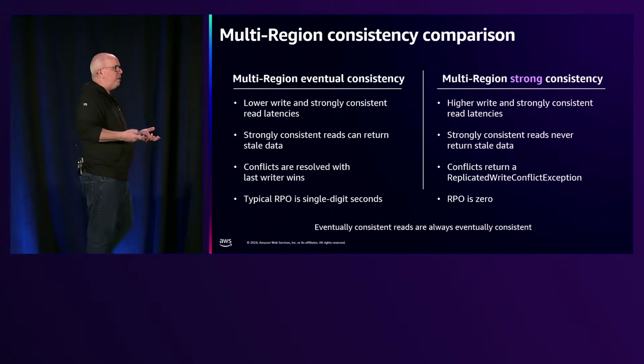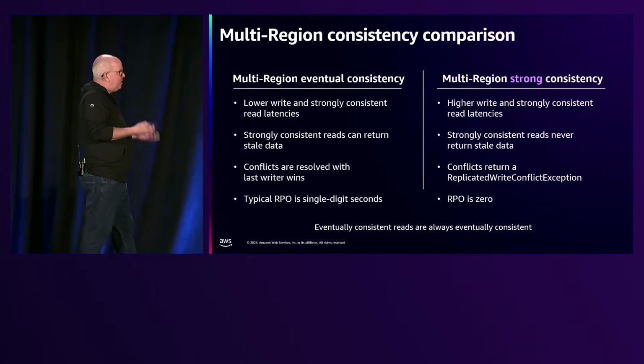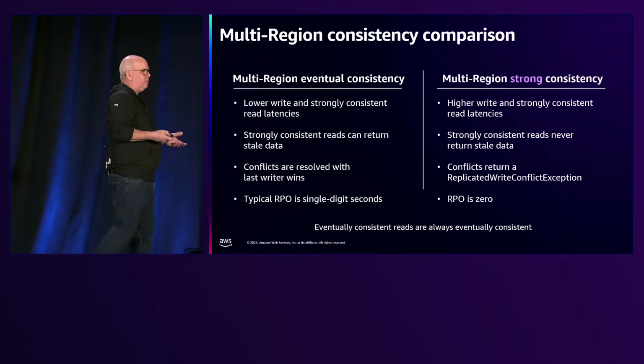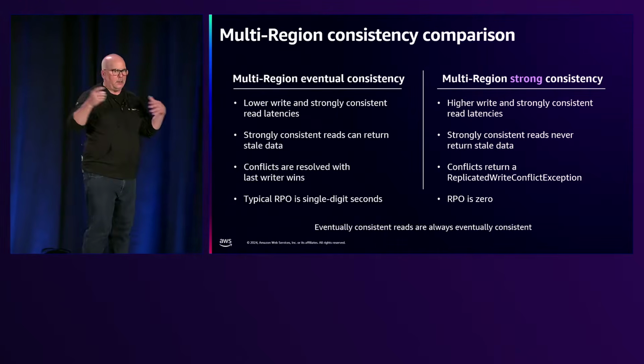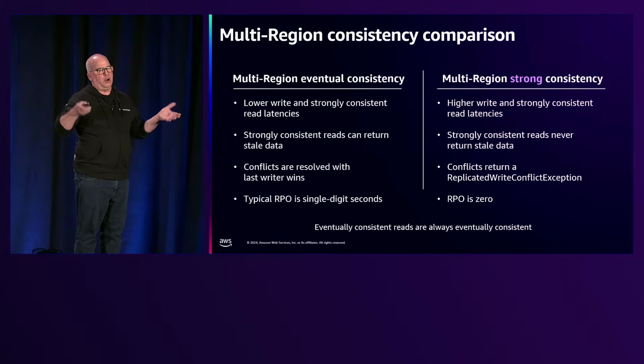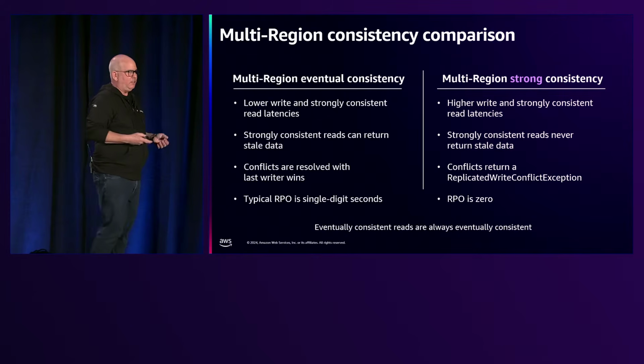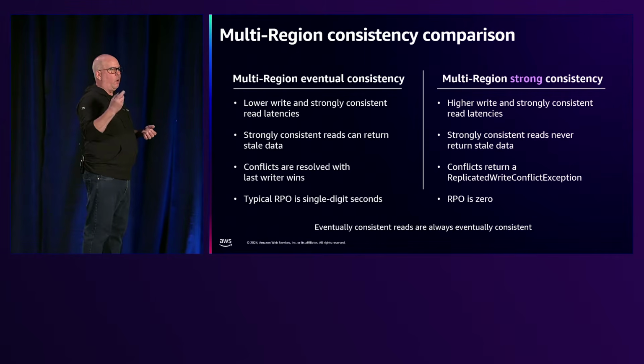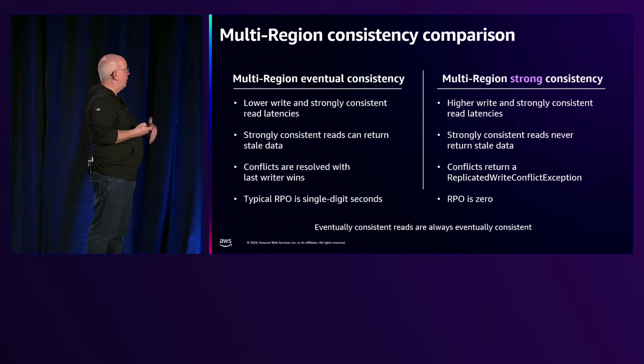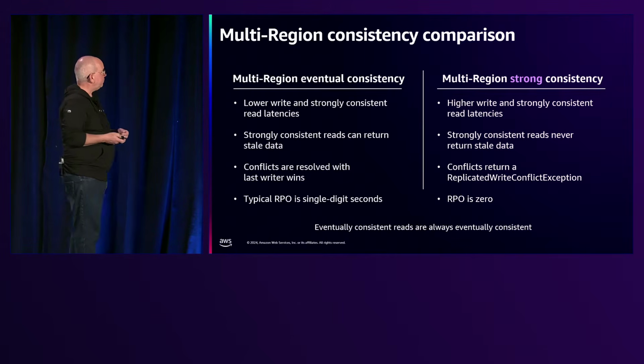And so what that's going to mean is that our recovery point objective is typically going to be measured in those single-digit seconds. Again, depending on how far apart those two regions are. It's basically how much time does it take me to take changes from one replica and replicate it to the replica that you're reading from for your failover target.